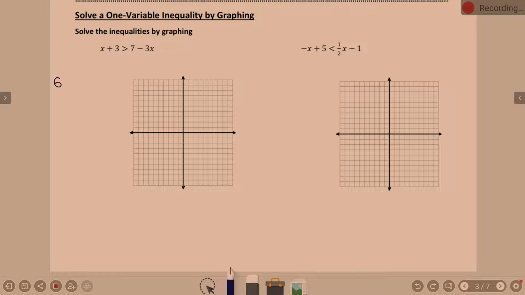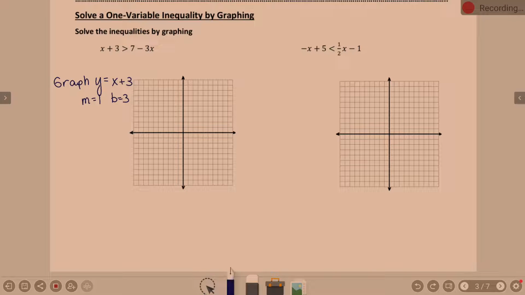So first one, I'm going to graph the equation y equals x plus 3. We're going to graph the line where my slope is the invisible 1 and my y-intercept is 3.